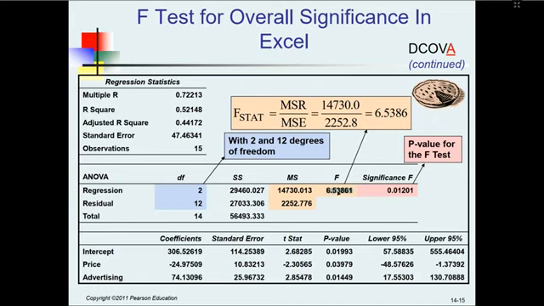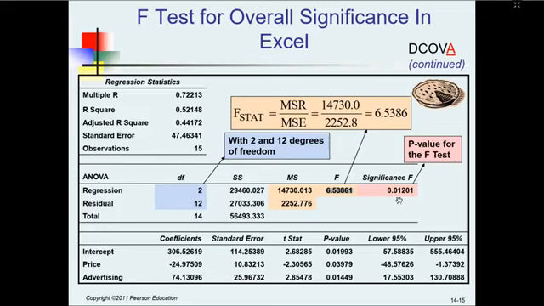When the computed value of F is greater than the critical value of F, then we reject H naught. Or when the p-value is very small, smaller than the alpha, then that will also lead to the rejection of H naught.